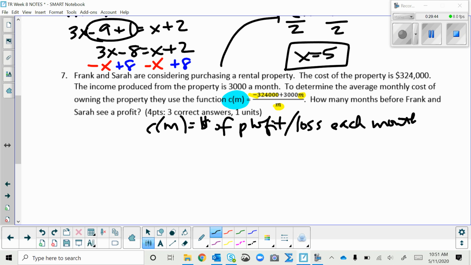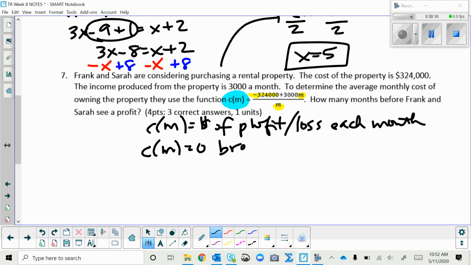If you plugged in a value for M and your number was negative, that means you have a loss after that many months. If you plug in a number for M and the number is positive, that means now you're gaining profit each month. When that value equals 0, that is the break-even point.